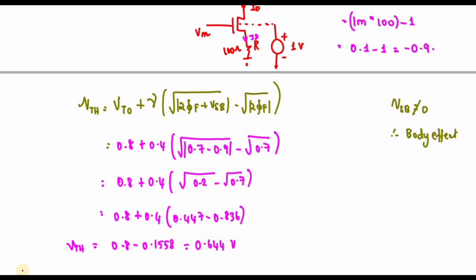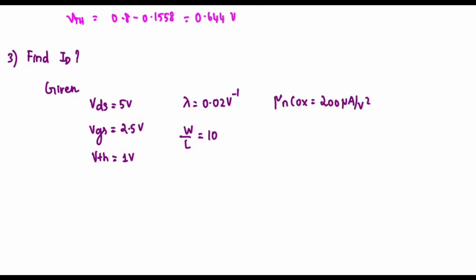Next question. The ID value needs to be found. VDS is equal to 5, VGS is equal to 2.5, VTH is equal to 1 volt, and lambda is equal to 0.02 per volt, which is nothing but the channel length modulation factor.